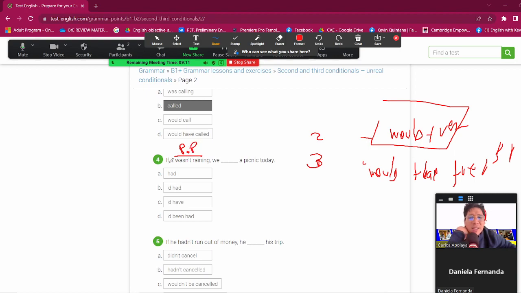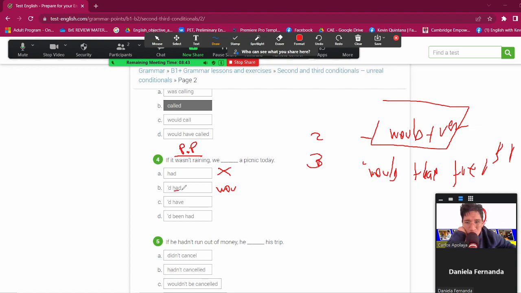Si estuviese lloviendo, nosotros... este es tu resultado en pasado, ¿existe would con had de frente? No, tiene que ir un would, aquí hay un would.